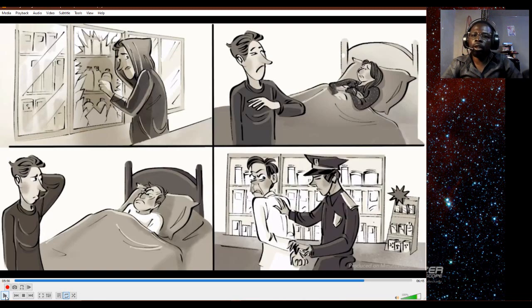Is it just for Heinz to be in a bad financial state? I mean, the majority of people in this world, 99% of the people in this world are poor. Is that just? Is it right? So why should his wife die?